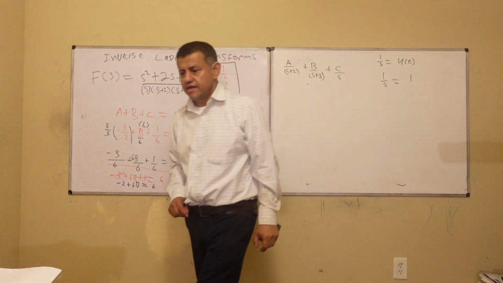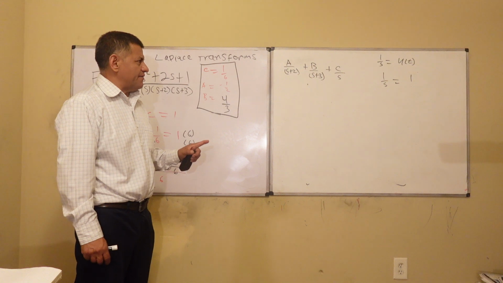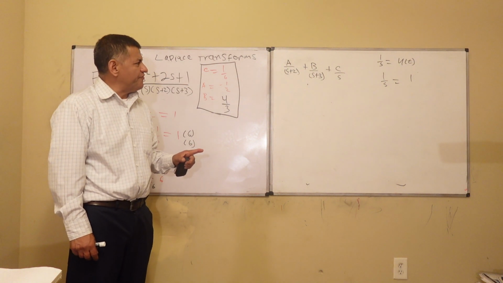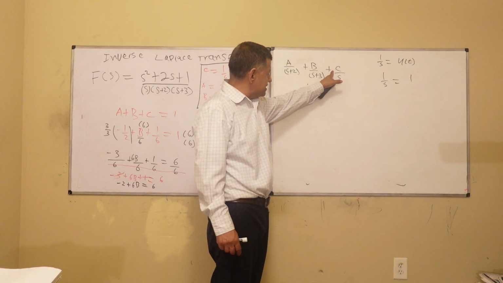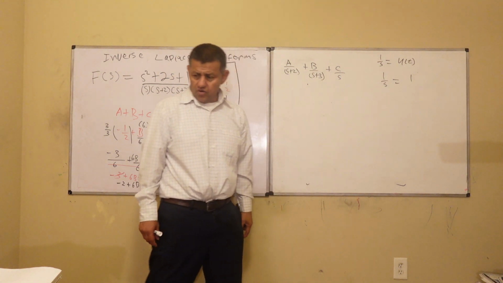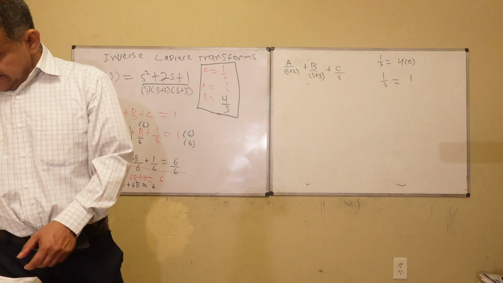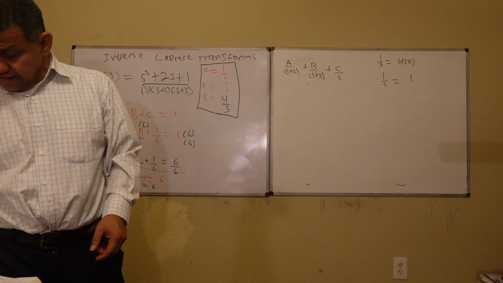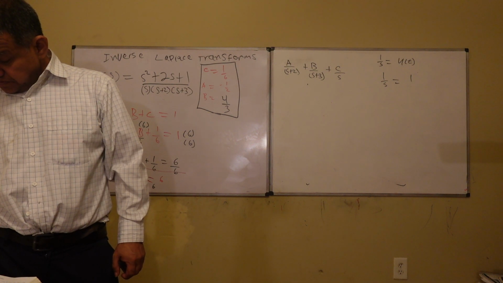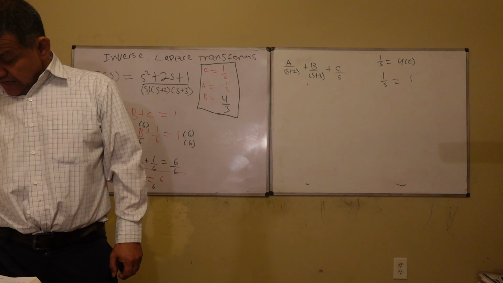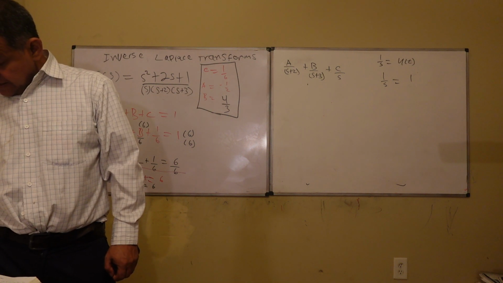And that unit step function belongs to whatever number it looks like. That's why they use the table.